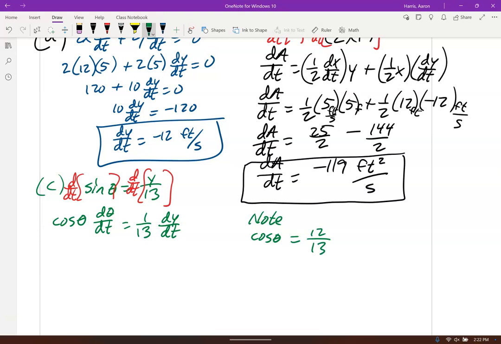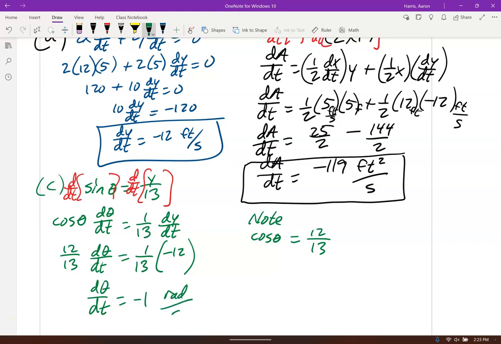Okay. And so I could go ahead and fill that in. Cosine of theta, 12 over 13, d theta dt equals 1/13. And then dy dt is negative 12. So d theta dt ends up being negative 1. This is radians per second.